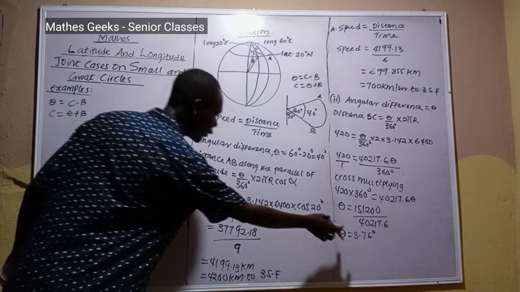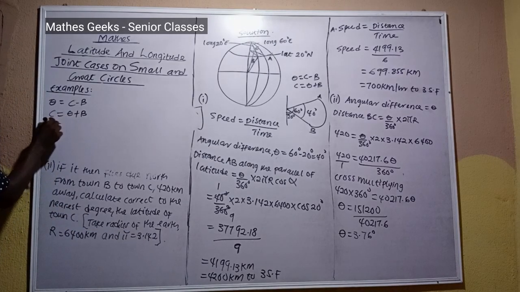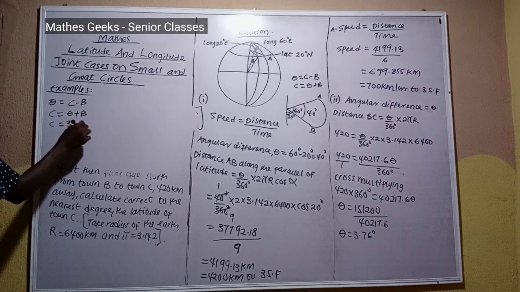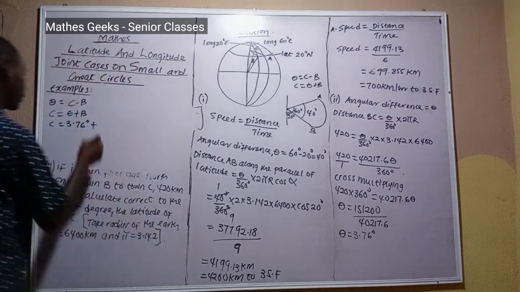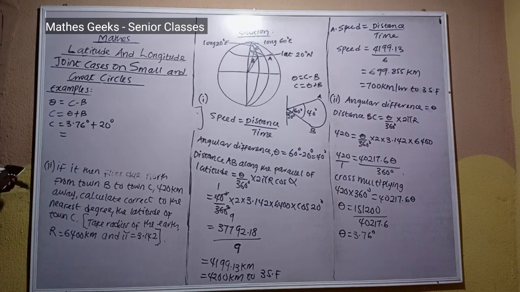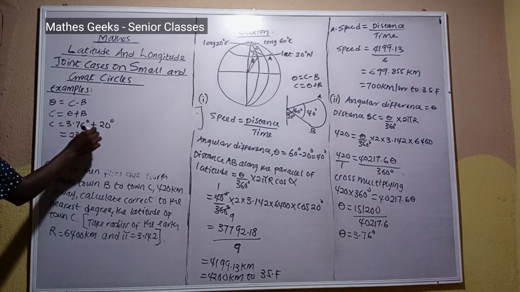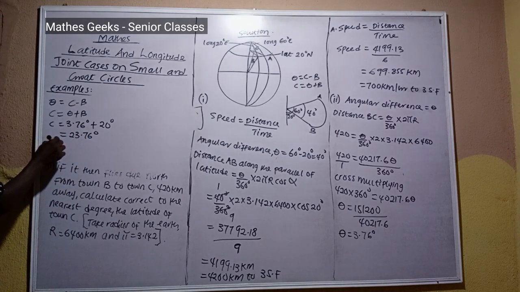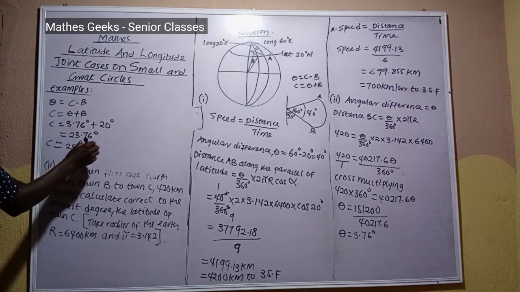So now we've gotten the value of theta to be 3.76. So C is equal to 3.76 degrees plus the latitude of B, which is 20 degrees north. So this will give us 3.76 plus 20. So C is approximately 24 degrees north.